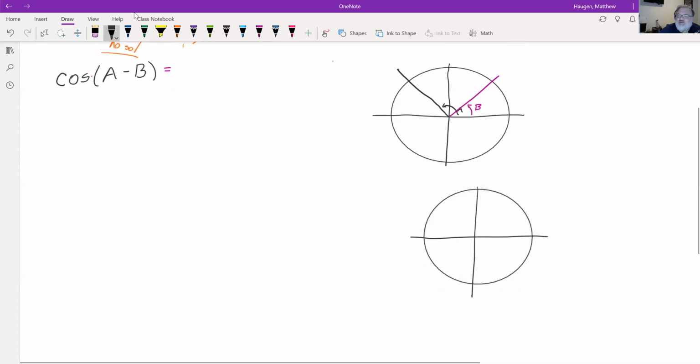With this angle A minus B in it. So the angle A minus B is going to be that angle. So I'm going to take that angle and put it in standard position.